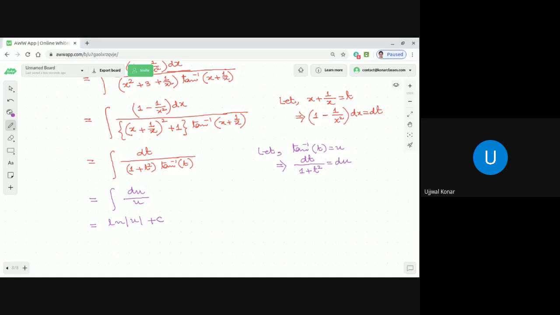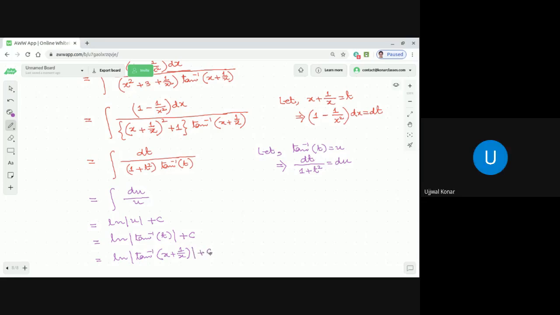Now we need to revert back the value of u. What is the value of u? It is equal to tan inverse of t plus c. Now again you need to revert back the value of t, so ln of mod of tan inverse of x plus 1 by x plus c.